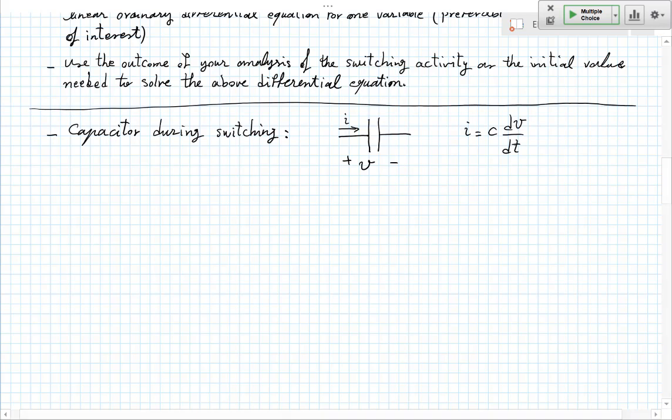It follows immediately from this that if you are going to change the voltage of the capacitor abruptly, which means dV by dt is going to be infinity because you have a finite change over no time, then that requires infinite current in the capacitor. And the analogy, again, going back to the bucket of water: I have an empty bucket, and I want the water level to go from 0 to 1 meter in no time at all.